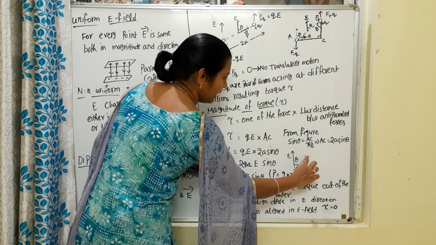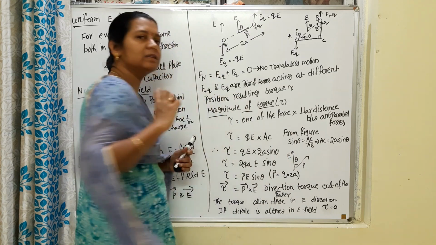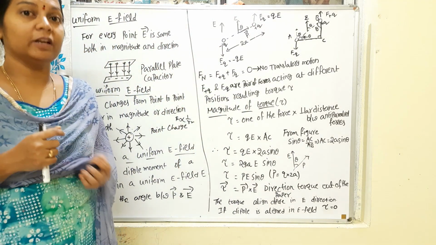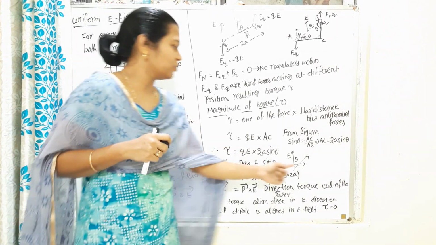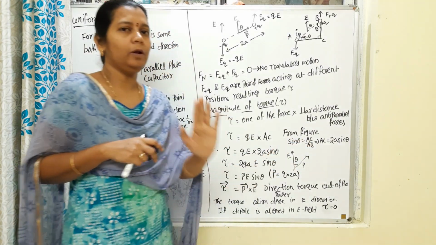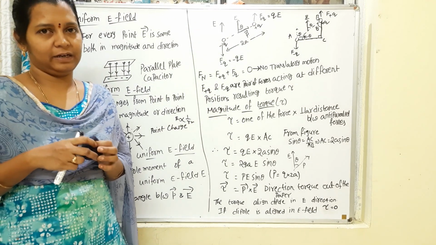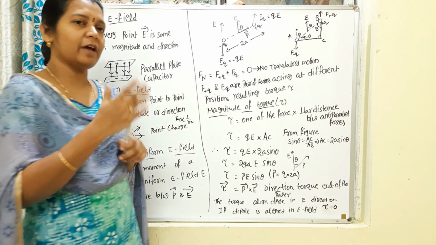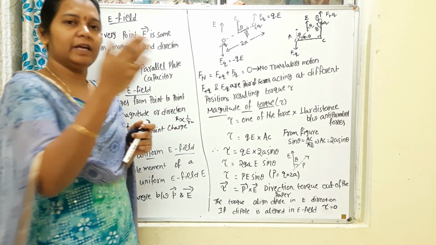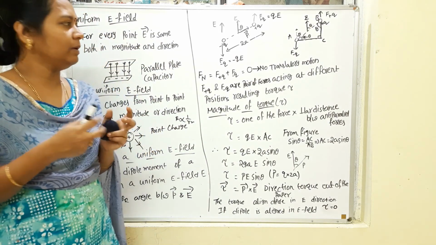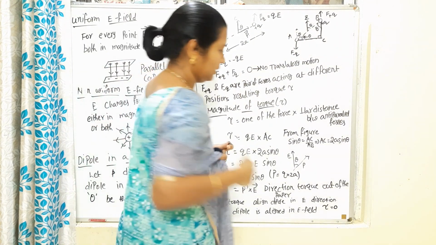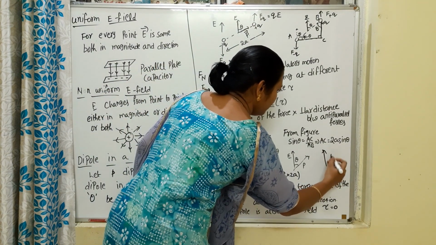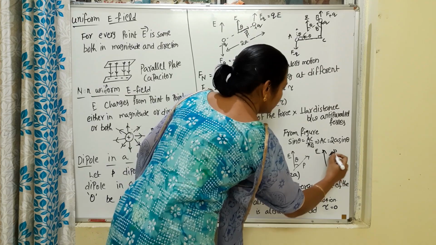So here this dipole is trying to align in the direction of the electric field because of the torque. Once the dipole is rotated in the direction of the electric field, what will be theta? Theta will become 0. Suppose this is the electric field and the dipole is also aligned, both are parallel.